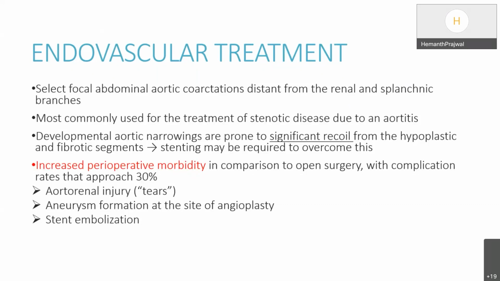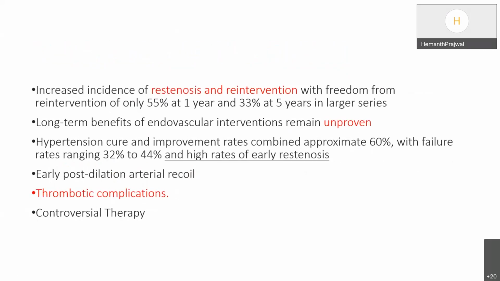The developmental aortic narrowings are prone to significant recoil from the hypoplastic and fibrotic segments, and stenting may be required to overcome this. But there is increased perioperative morbidity in comparison to open surgery, with complication rates approaching as high as 30%, with complications such as intrarenal injury in the form of tears, aneurysm formations at the site of angioplasty, and stent embolizations may occur.